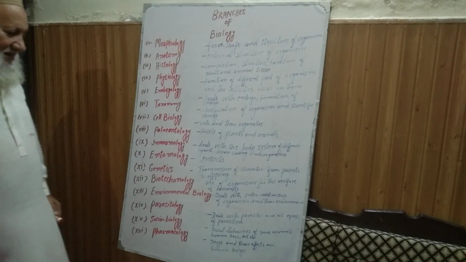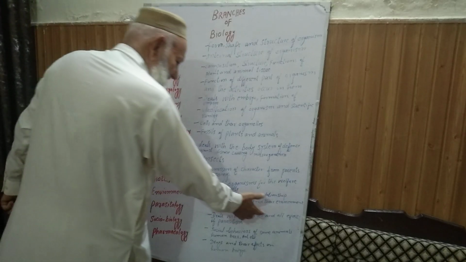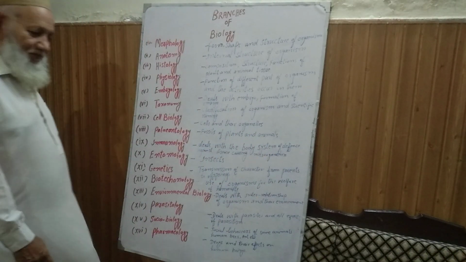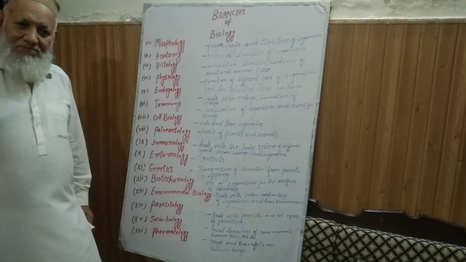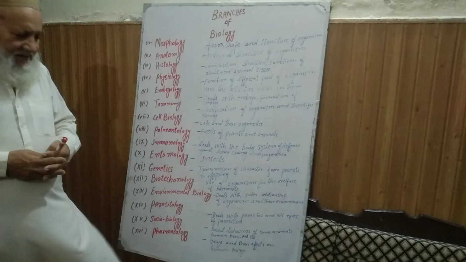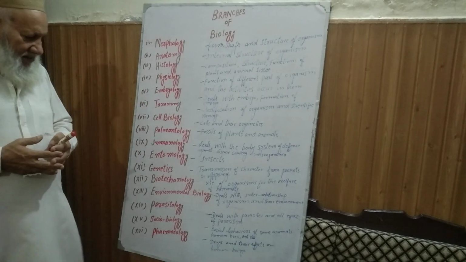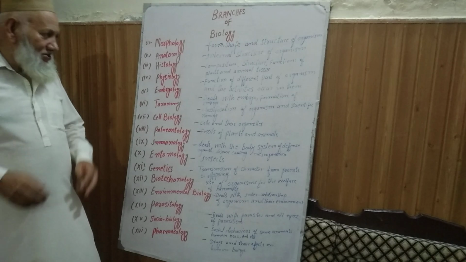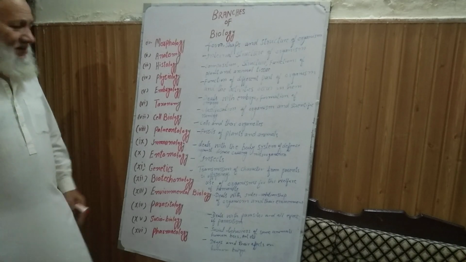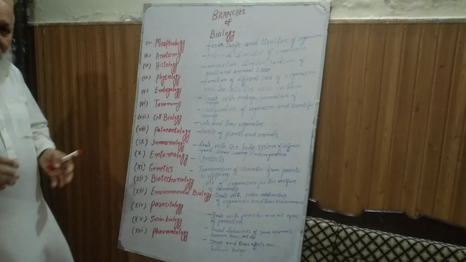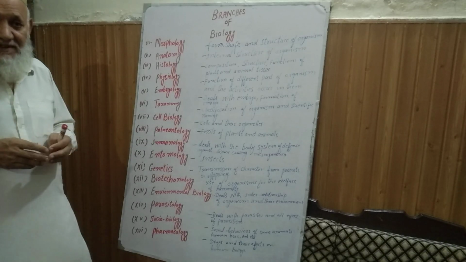Parasitology. Parasitology deals with parasites in all aspects of parasitism. How the parasites come and how they damage human health. These types of things are studied in parasitology. Parasitology is also a branch of biology. You have knowledge about parasites.